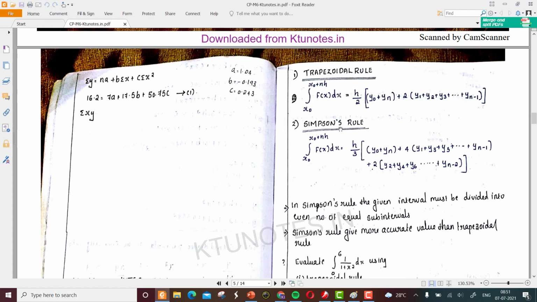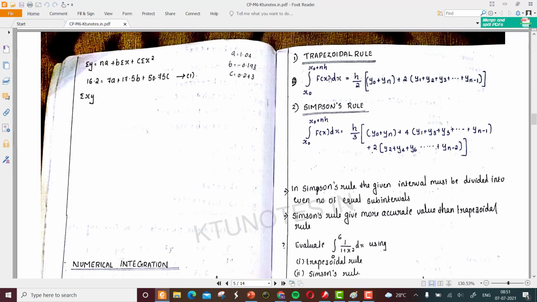So for this type of problems also, to solve the equations you have to understand these equations. It's very important. When you compare the trapezoidal rule and Simpson's rule, both are used to find the integral. The trapezoidal rule is h by 2 into some function, and Simpson's rule is h by 3 into some function.